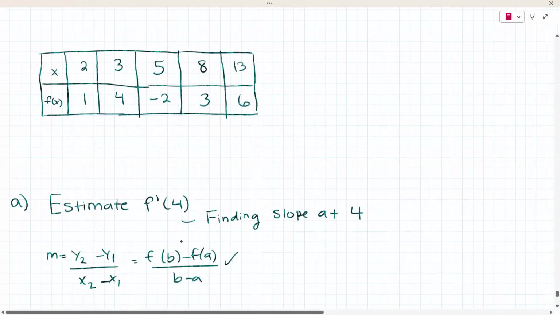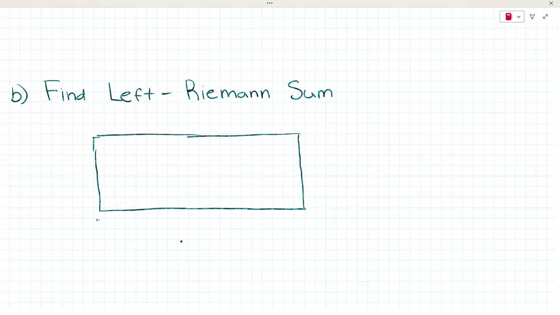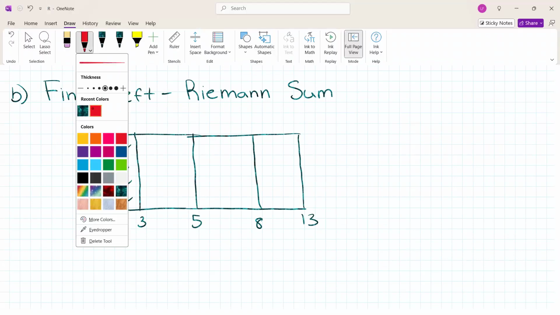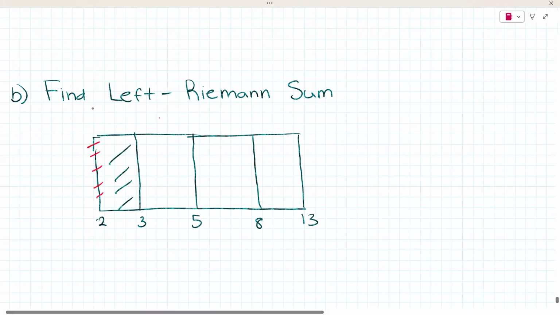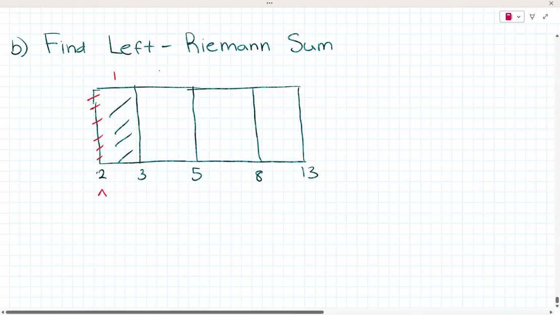Darn, the widths are not the same, so we can't take out a common number. So if you look at the first box, and we're doing the left side, we need to find this height. On rectangle 1, the delta x is 1, from 2 to 3.